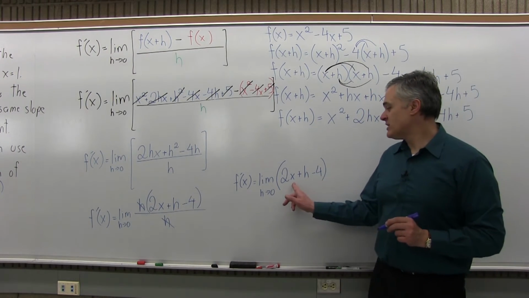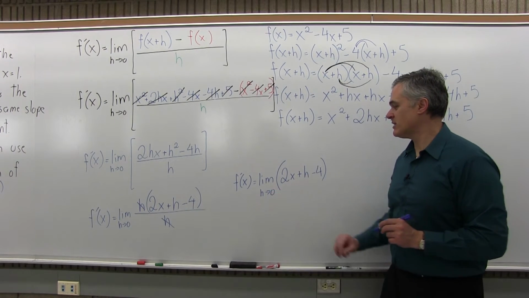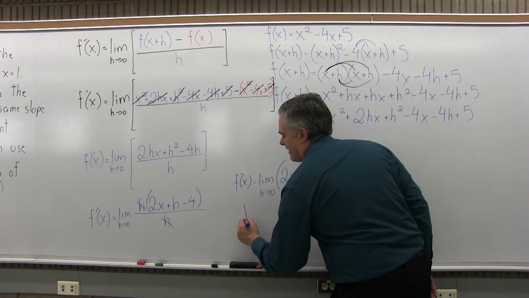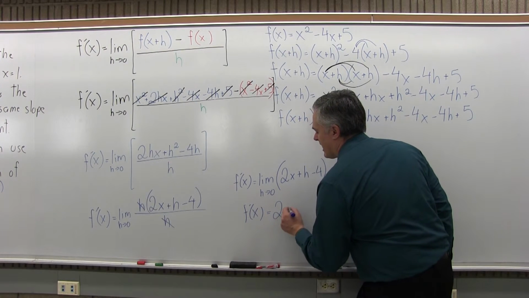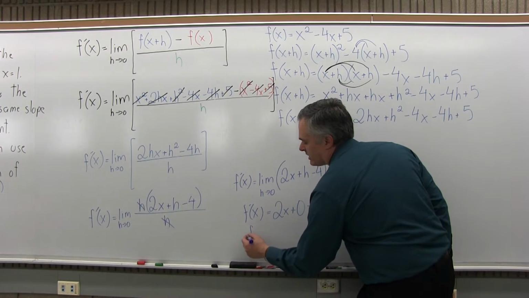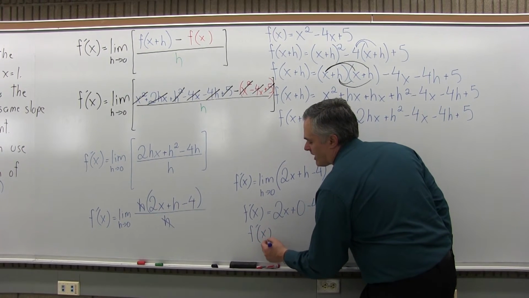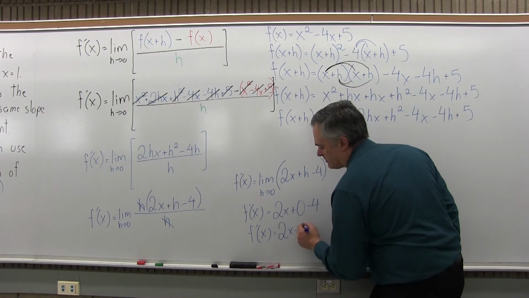Now that I have no more h in the denominator, the remaining h, I can allow it to run down to 0 because that's the limit I want to take. So f prime of x equals 2x plus 0 minus 4. And the plus 0 really amounts to f prime of x equals 2x minus 4.